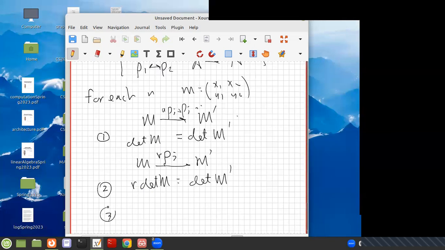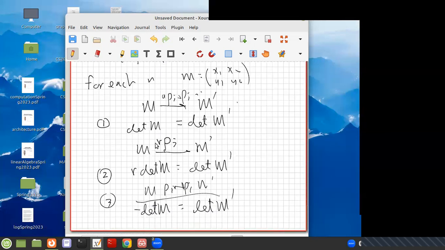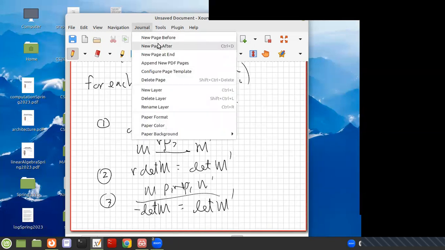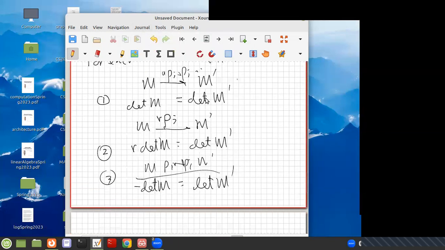And then the third one comes if I do a row i, row j swap, then it's going to turn out that the determinant of M prime equals minus the determinant of M. And that follows from the first two. So our attitude to determinants is we're looking for a formula for each n that has these properties.